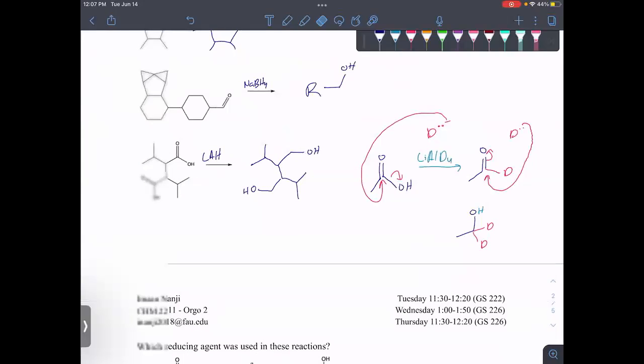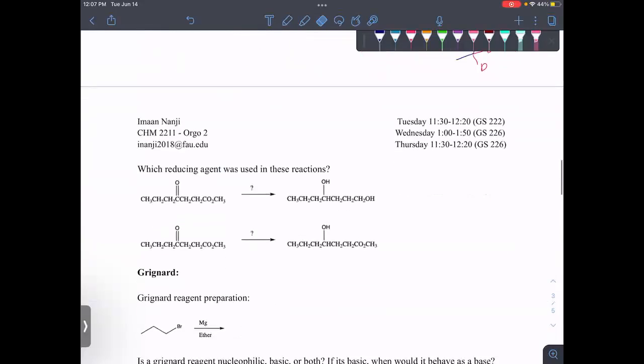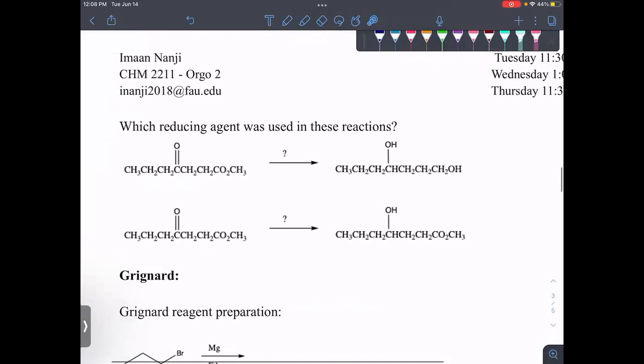Okay, so that's what most of the reactions and the problems are going to be like, but occasionally you might see something like this. It's basically the same idea, except it's written out in condensed formula. So how would you go about doing this? Yeah, you would identify what functional groups are present. A while ago, sometime in chapter 9, I gave you the condensed formula versions of all the carbonyls. Should do that again.